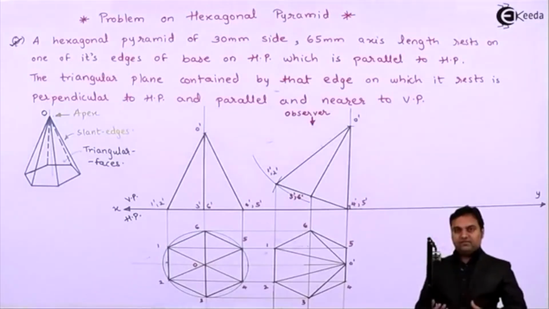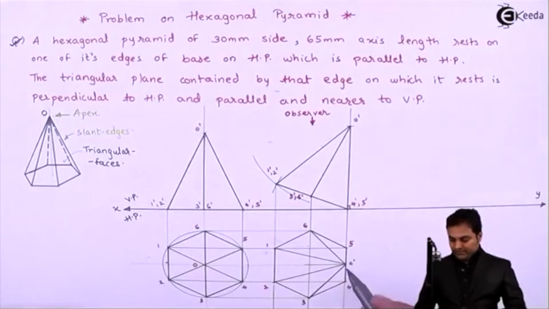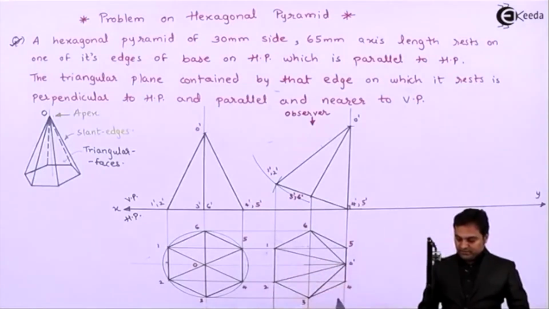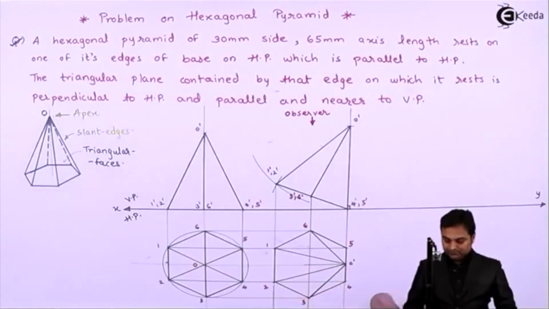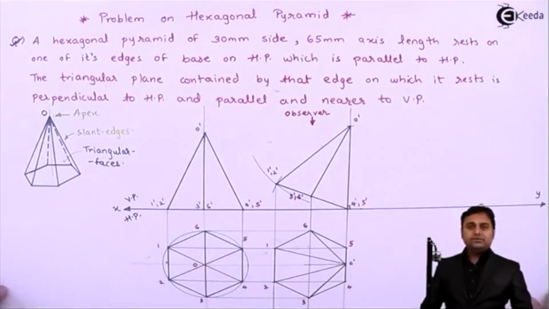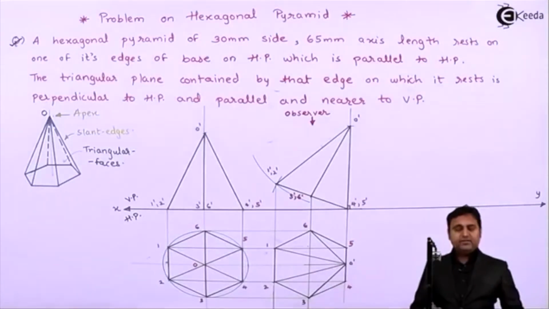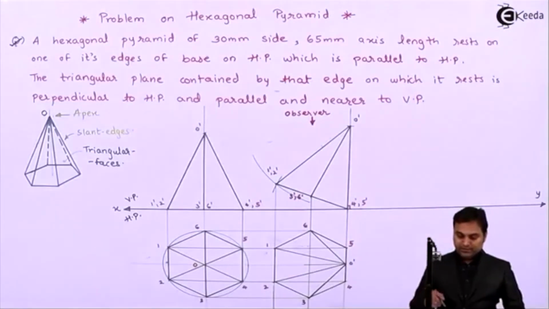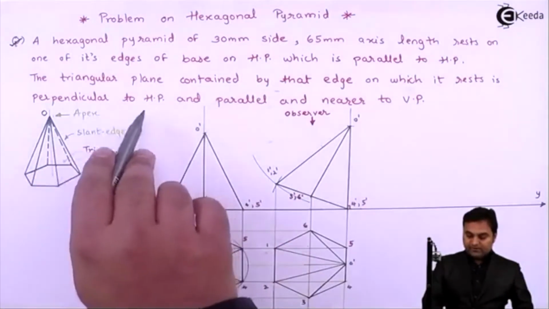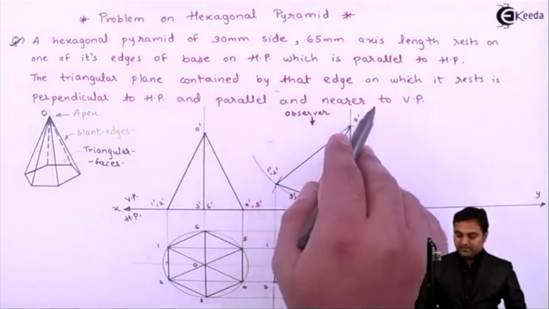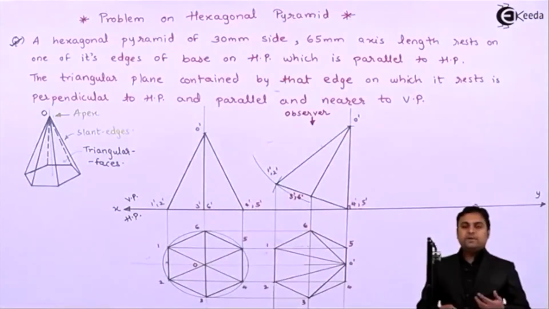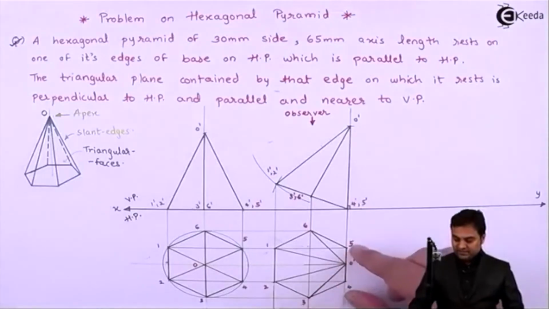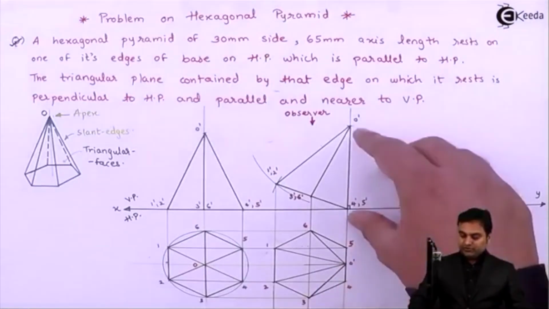The base is away from the observer, but when the edges are connecting the base, the hexagon is visible. Now this completes the second condition, in which the triangular face was perpendicular to HP. The next condition is after perpendicular to HP, parallel and nearer to VP. Now what is parallel and nearer to VP? It is this edge, which is the triangular face.